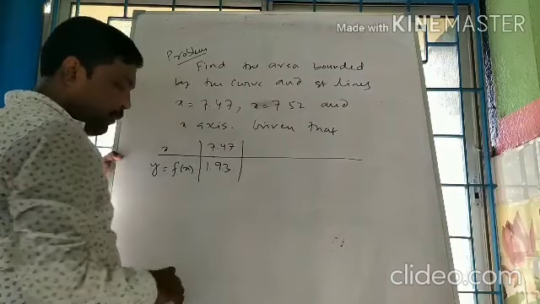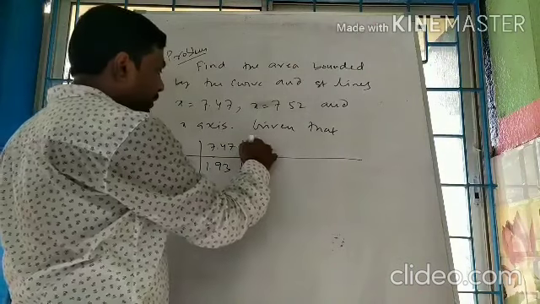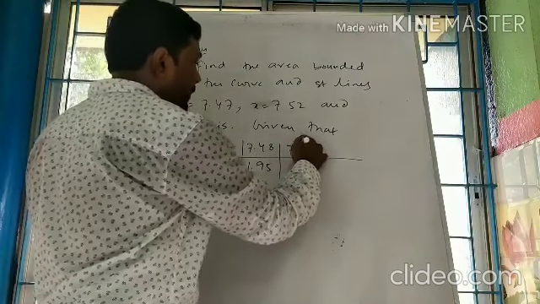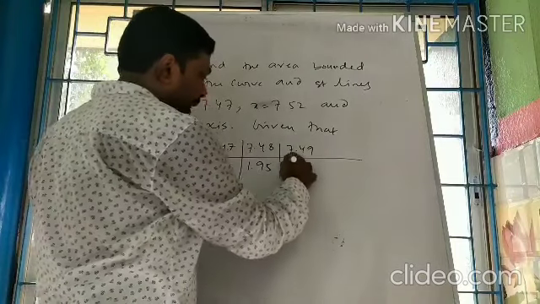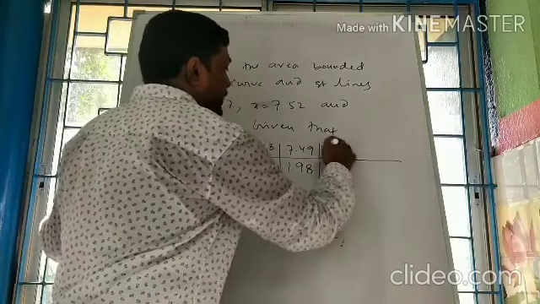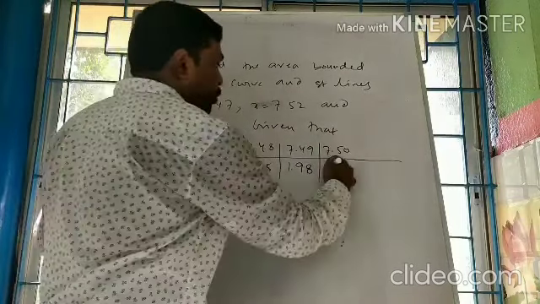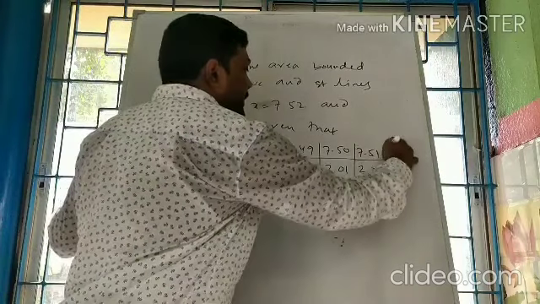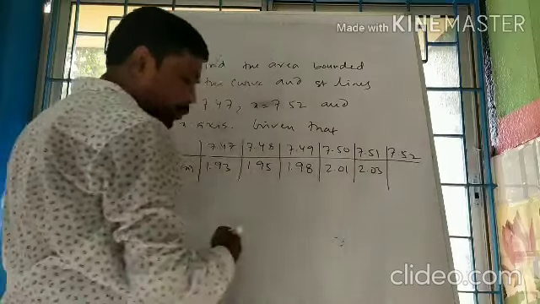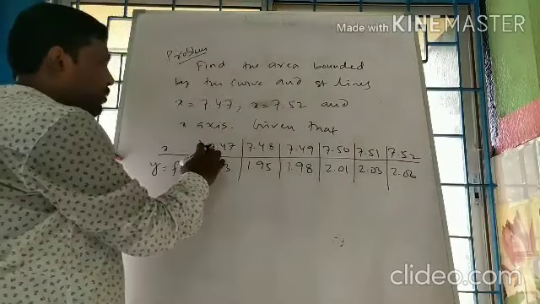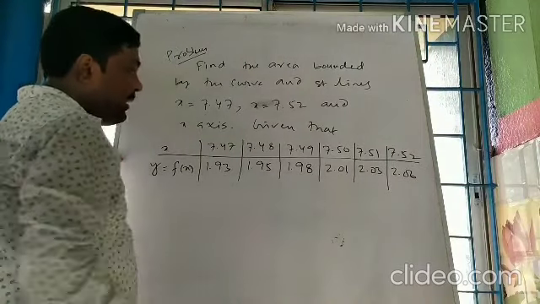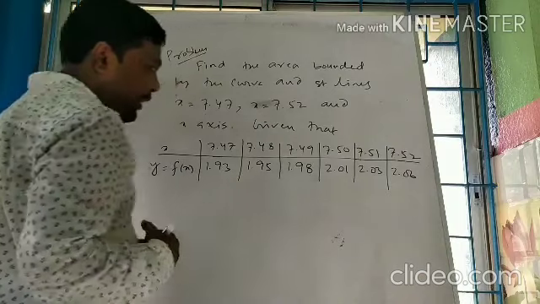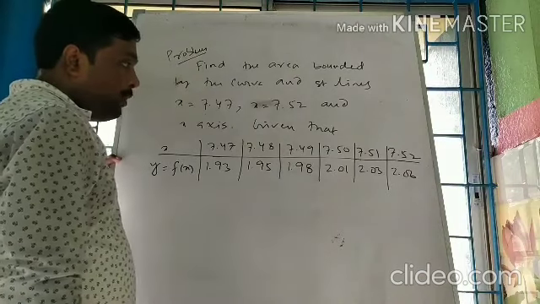When x is 7.48, y is 1.95. 7.49, y is 1.98. 7.50, it is 2.02. 7.51, it is 2.03. 7.52, it is 2.06.